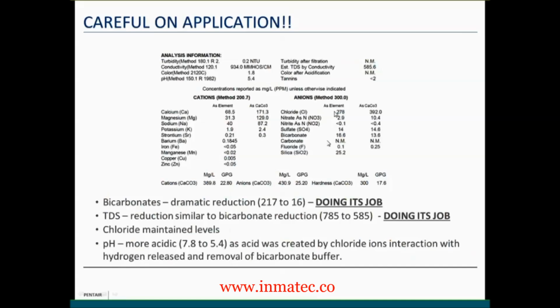And notice the chlorides haven't changed. We've reduced the bicarbonates almost down to nothing. We still have some hardness left. You know, it's doing its job here. We're reducing the bicarbonates. TDS reduction, fantastic. It's doing its job. Chloride hasn't changed. pH much more acidic.